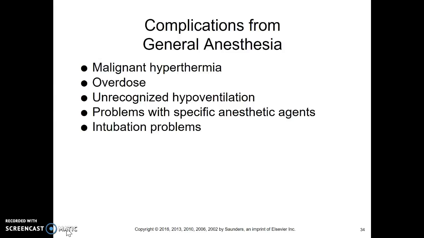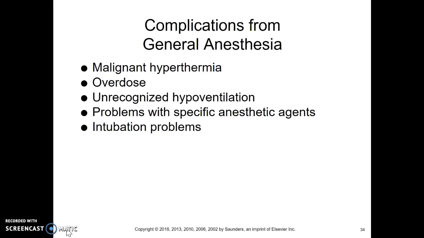They could also have intubation problems where their tube was dislodged or not in the right place, and so their breathing and oxygenation is very problematic. And then sometimes people just have problems with specific anesthetic agents that you weren't able to know about in advance.